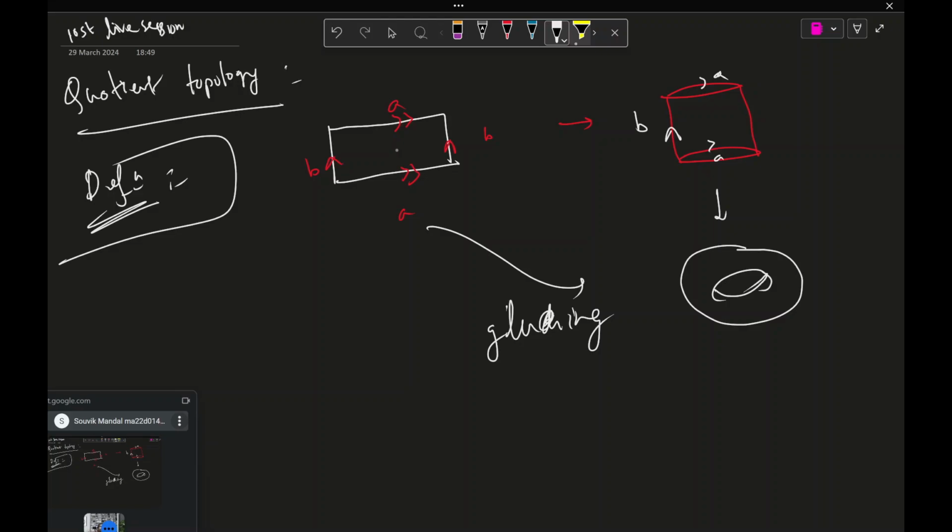The study of this in topology comes under the study of the quotient topology. For example, instead of gluing the rectangle above, if we take the rectangle and glue the vertical edges in the opposite direction, we get something like this.